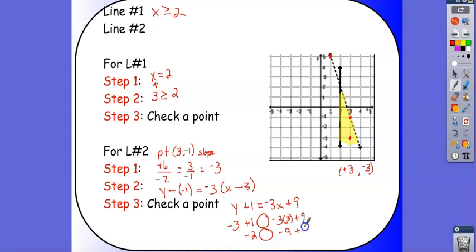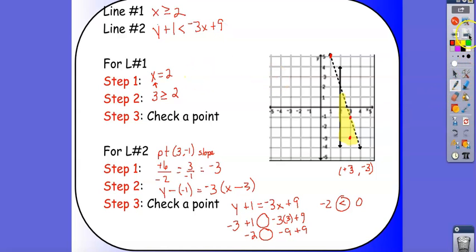Negative 9 plus 9, that's a 0. So negative 2, if I want to make it true, and this is a 0, wouldn't you say that would be the inequality to use? It's a dashed line, so I just leave it like that. My line number 2 would be y plus 1 less than negative 3x plus 9.